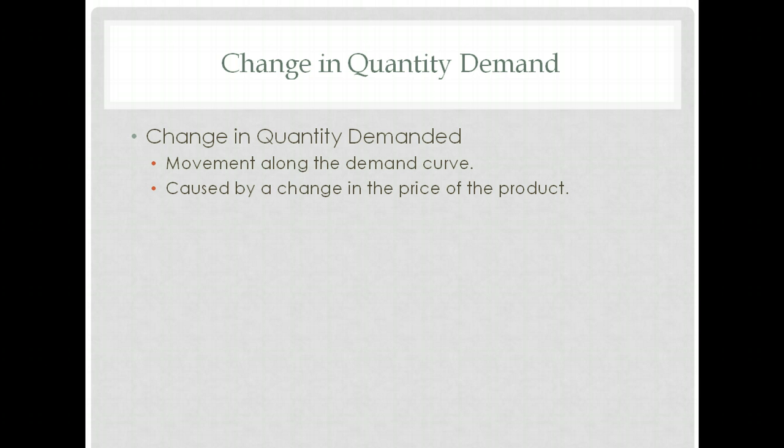So if her ice cream cones went up in price, then we would move from one place on the demand curve to another place on the demand curve. And I think it'll make clear why we're trying to make a distinction once we see some other options that could happen. But let's take a look at what a change in quantity demand actually looks like.